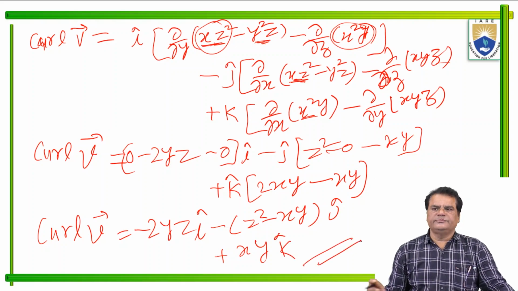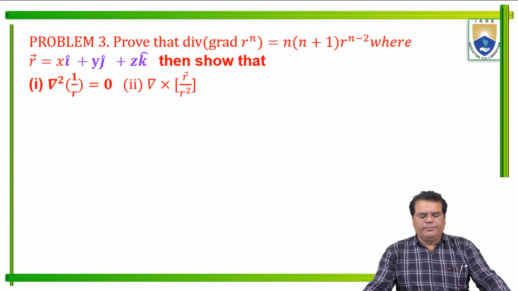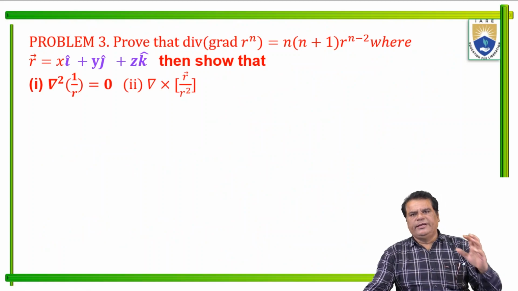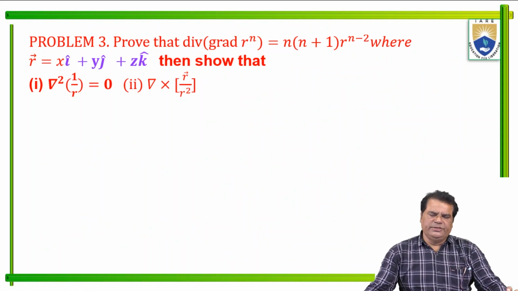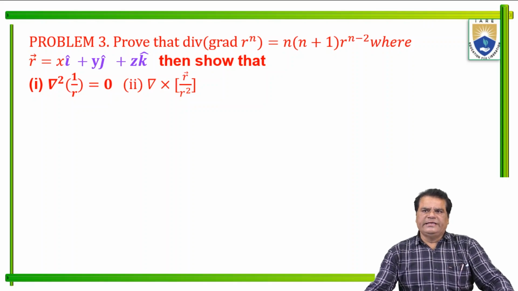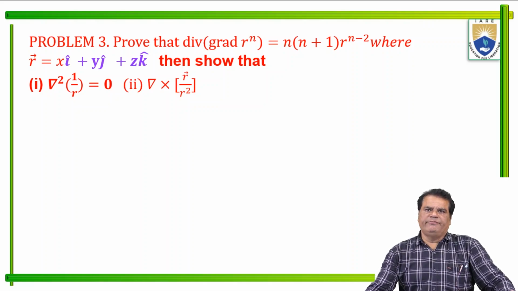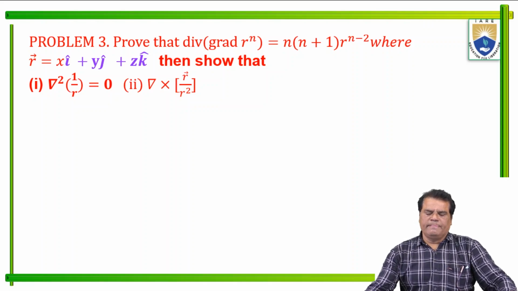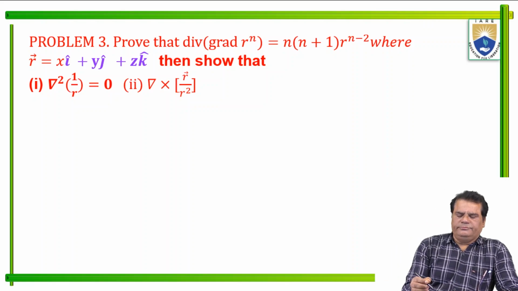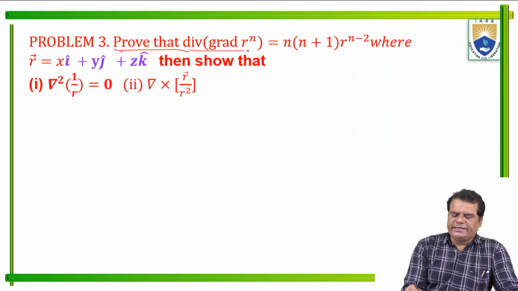This is the answer. Now problem 3, which is a very important problem, depending on the divergence and curl of a vector point function. Here prove that divergence grad r to the power n is equal to this.